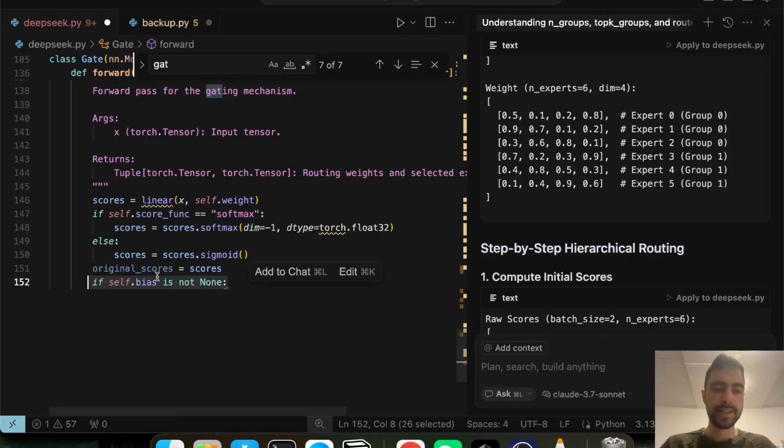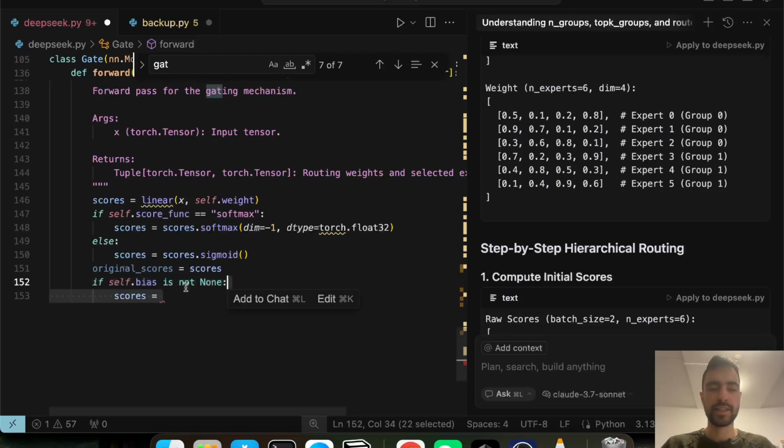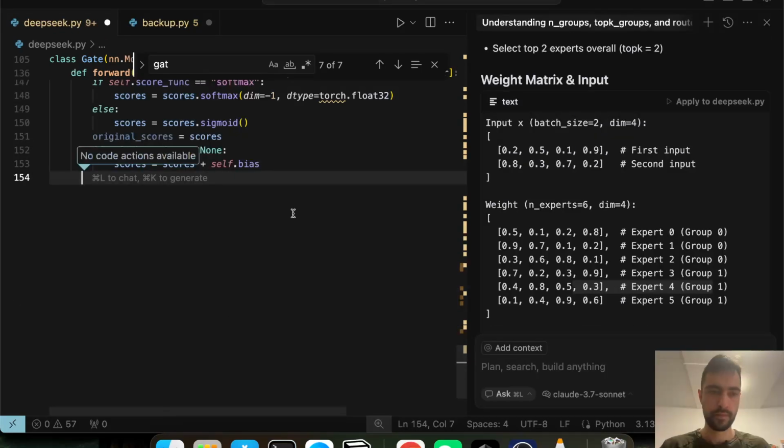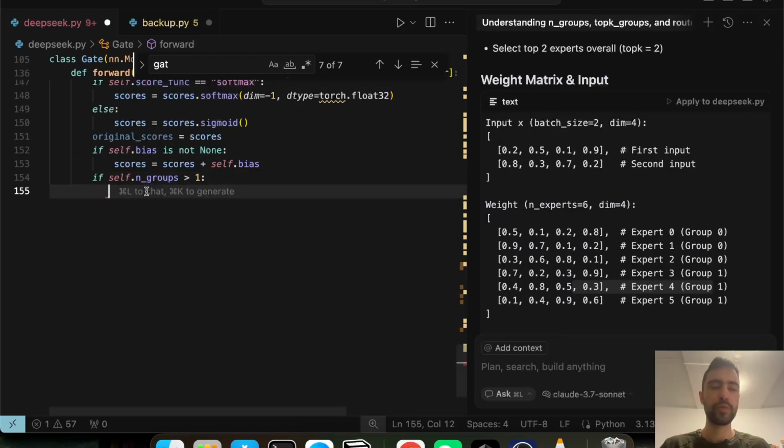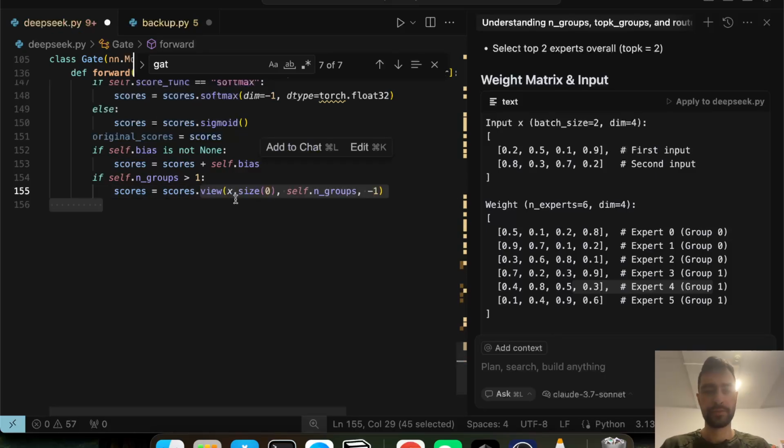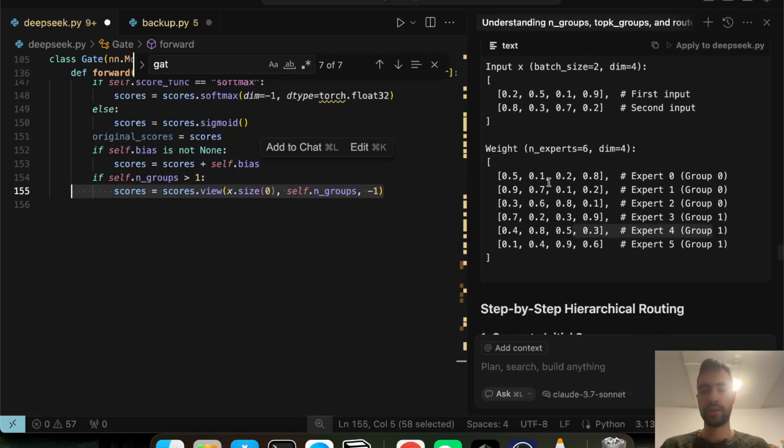So if self-bias is not none, we will just add bias to the scores. So if groups is more than 1, we will say scores equals to scores dot, and we will reshape the scores. So what this will do, I'll show you. First, in the beginning, the scores will be like this. It's just an array of these vectors. So expert 0 group 0, expert 1 group 0, and here expert 3 group 1, expert 4 group 1.